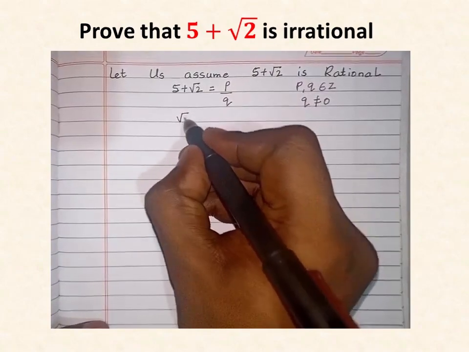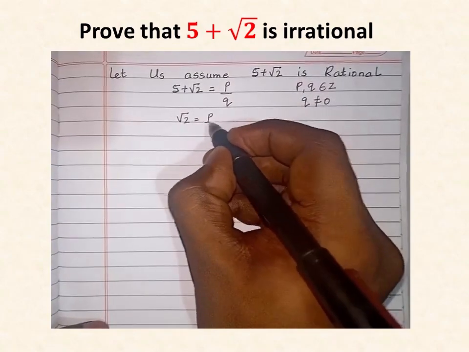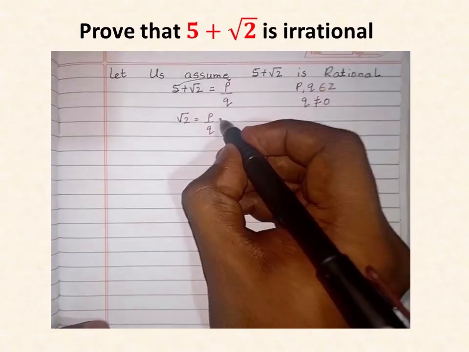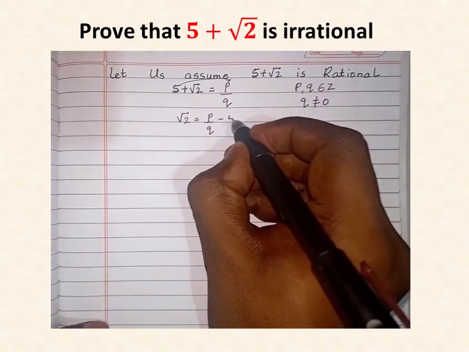Now keep the root element, that is root 2 equals P by Q, then shift this plus 5 towards RHS. Plus 5 shifting will give you minus 5.